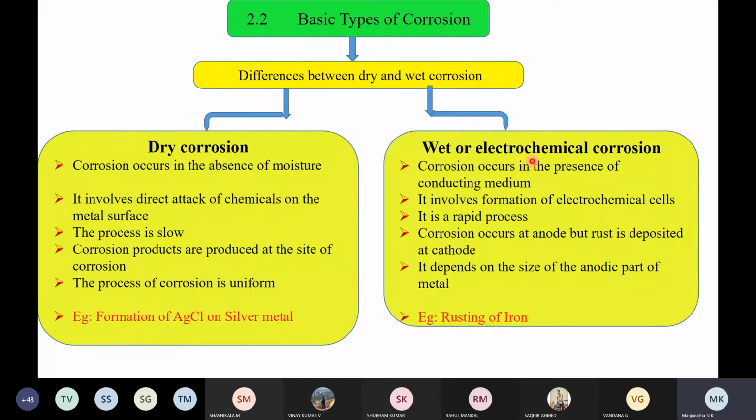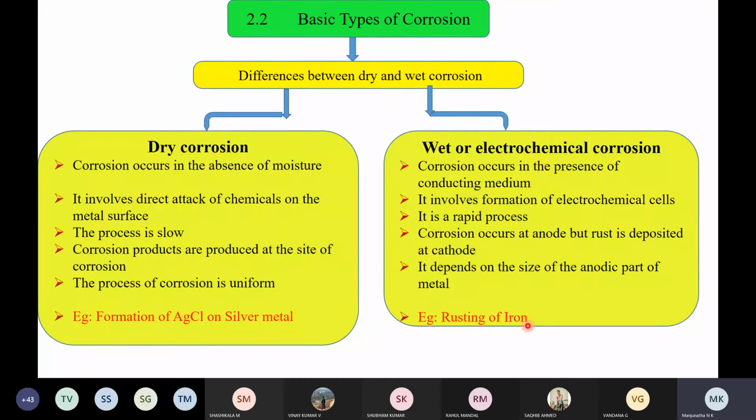If the corrosion of the metal is observed in the presence of a conducting medium through an electrochemical reaction, an electrochemical reaction means a reaction in which oxidation and reduction reactions take place. In this case, whatever loss of metal takes place is called wet or electrochemical corrosion. For that, one example is the rusting of iron.